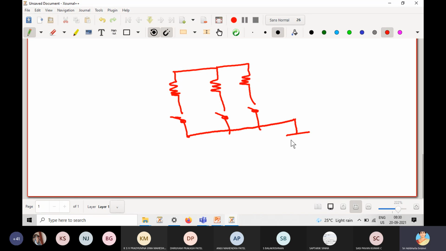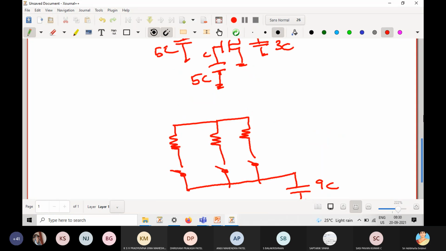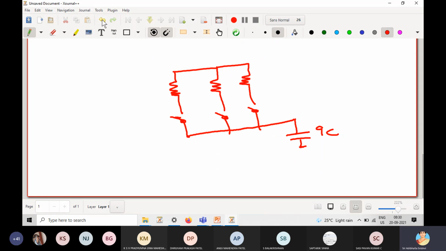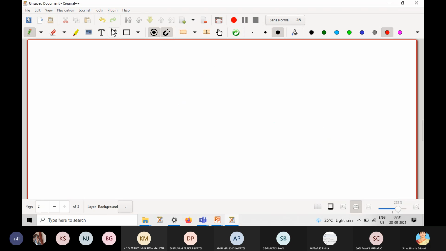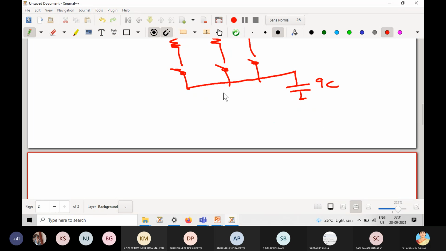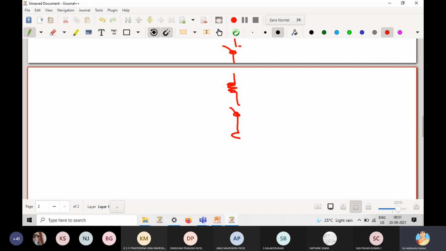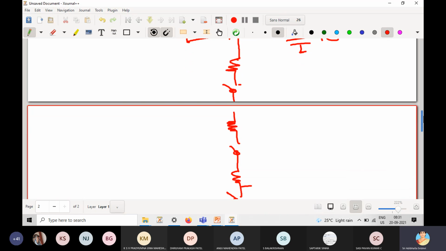So here I have 9C. Continuation. Again, I have three resistors, because already I have the equivalent circuit. This is ground. And here I have 9C.